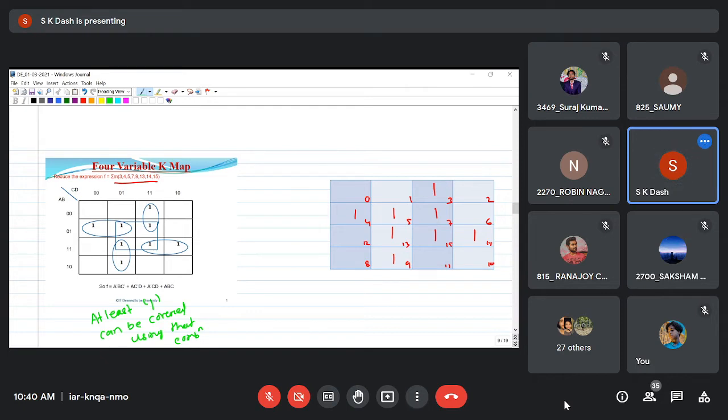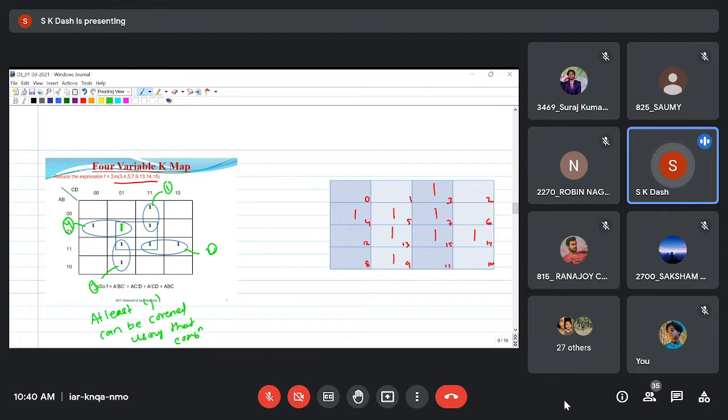This one, it can be covered using how many combinations? Suppose this pair is 1, this pair is number 2, this pair is number 3, this pair is number 4. So this one can be covered using which combination?